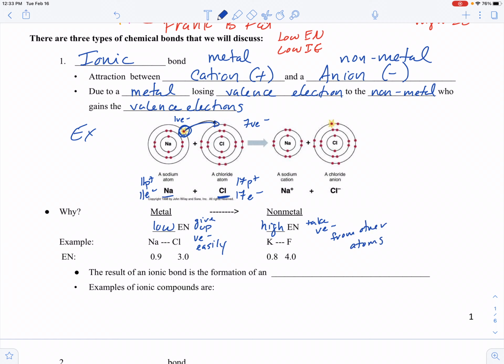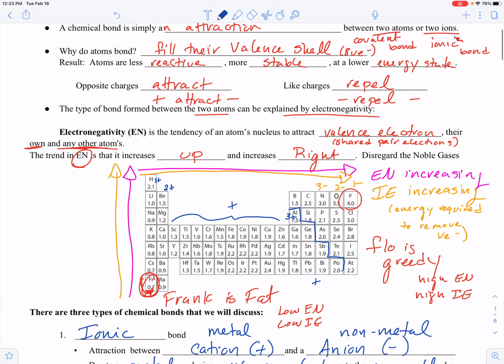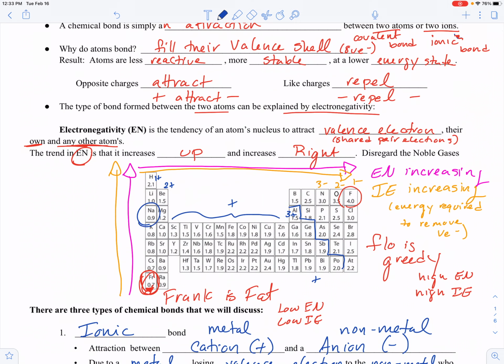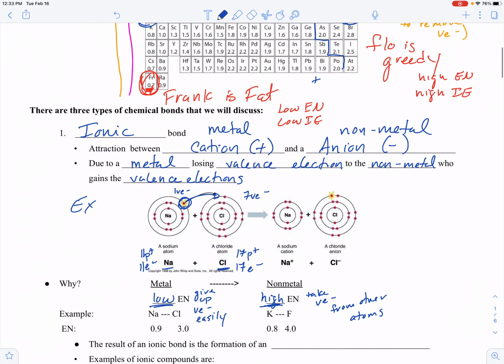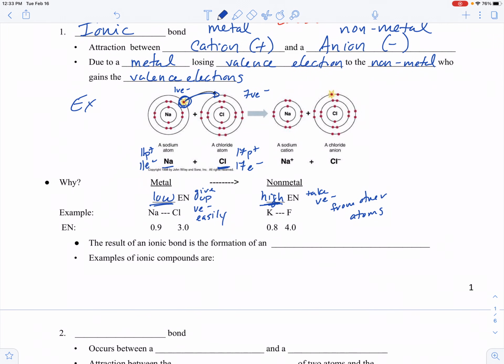So what ends up happening here is sodium, with its low electronegativity, has its valence electron taken by a nonmetal who has a high electronegativity. And when I look at my electronegativities, I can see sodium is at 0.9, chlorine is at 3.0. They have a significantly large difference in electronegativities, right? So sodium's is really low, whereas chlorine's is considered very high. So chlorine steals the electron away.